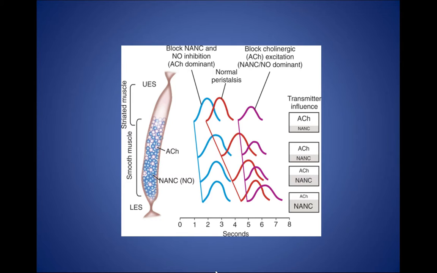We talked before about the positive and the negative inputs and the positive and negative neurons that are available in the esophagus. As it turns out, there are more acetylcholine neurons on the top, and more nitric oxide neurons on the bottom. This is not by chance. This is to allow peristalsis to work.